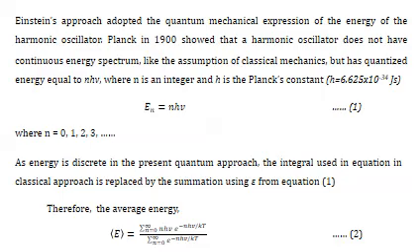In the classical approach, the average energy is the integral from 0 to infinity of E e power minus E by kT, divided by the integral from 0 to infinity of e power minus E by kT.